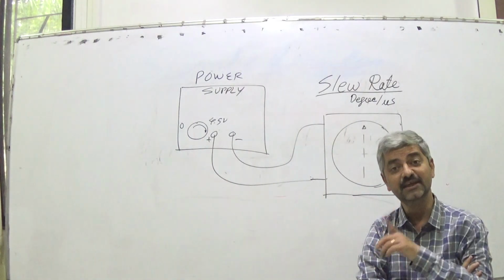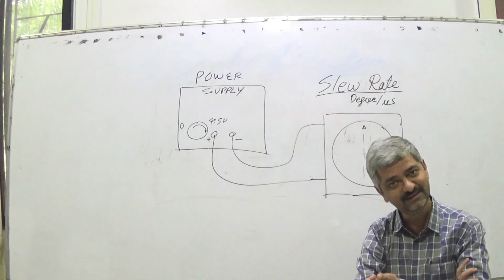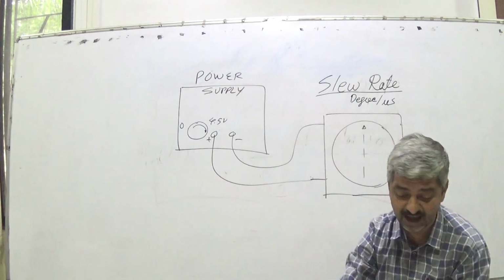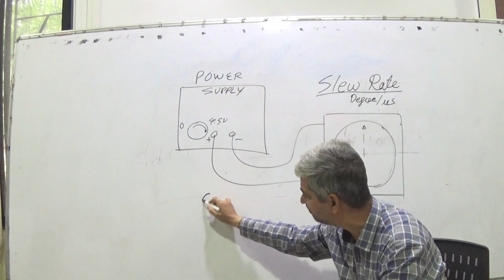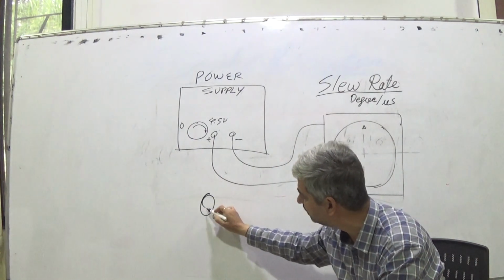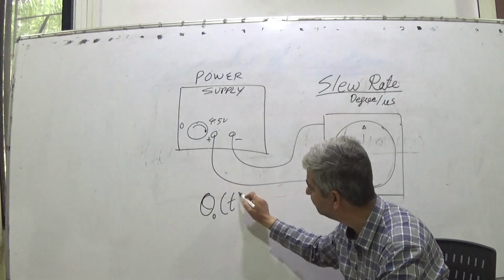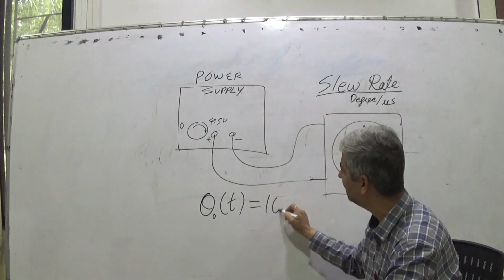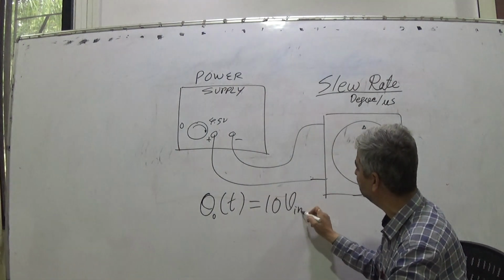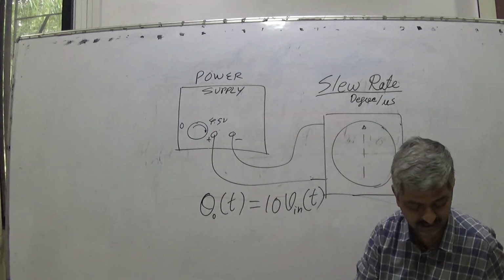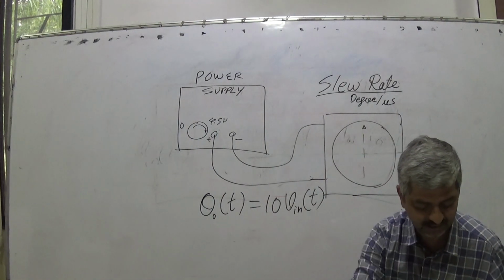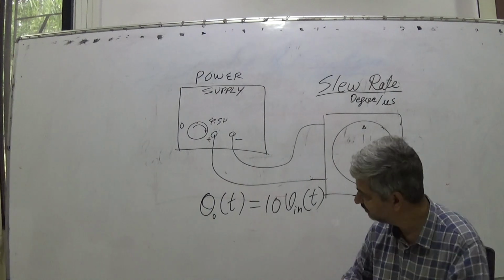We are assuming that the equation of the system is theta O(t) equals 10 into V in(t), which we started to work with, and I questioned you whether this is correct or not.